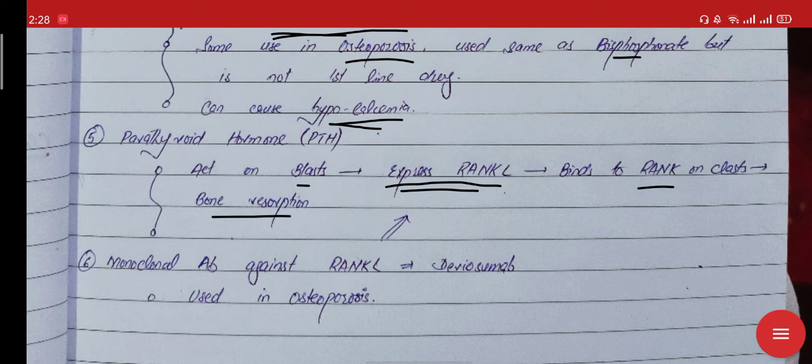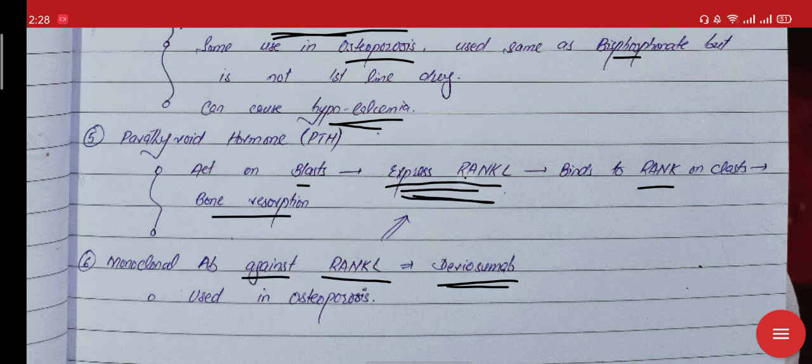You must know this physiology, and once you know it, you will know the drug that can be used, which is a monoclonal antibody against RANKL. So we have denosumab. This drug is against the RANKL ligand.